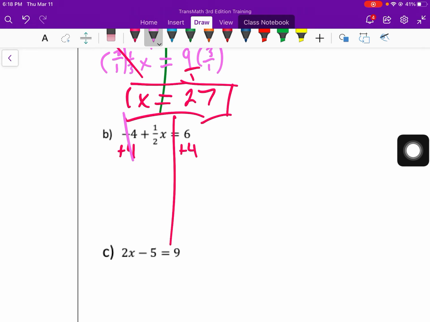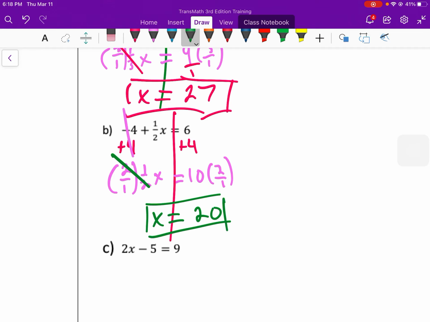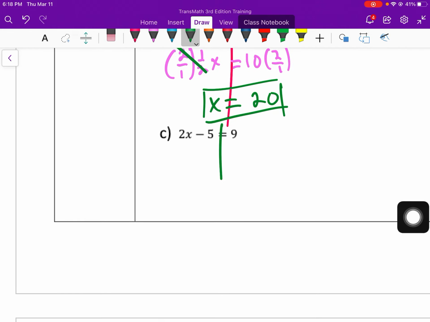So now these simplify, so we're left with half x equals 10 when we add. My inverse of half is 2 over 1. So then these will simplify so that we have x equals 20, because on the right, it's 10 times 2 over 1, so we have 20 over 1, which is just 20.